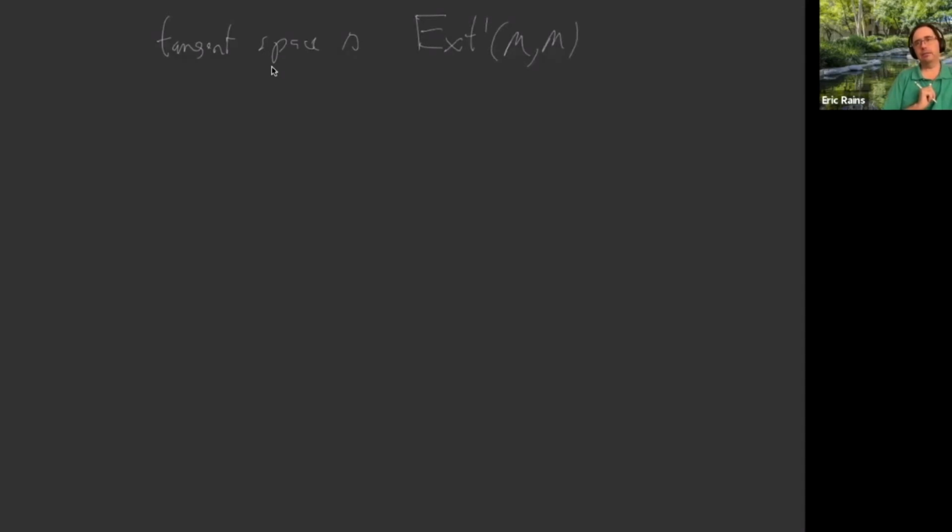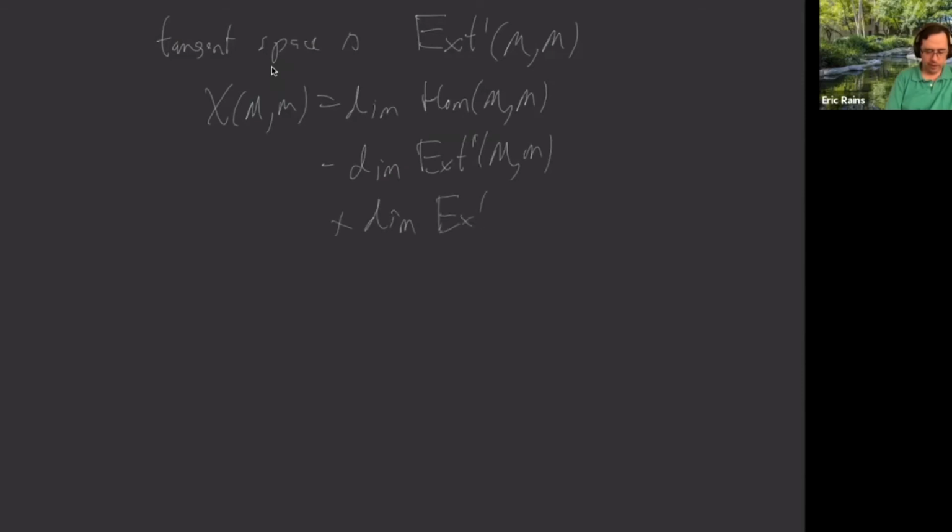And the usual game when you say, oh, I'm interested in a particular cohomology group, is that the first approximation you should take is always the Euler characteristic. And here we have a very nice fact. So this is the dimension of the Hom space minus the dimension of the Ext^1 plus the dimension of Ext^2.